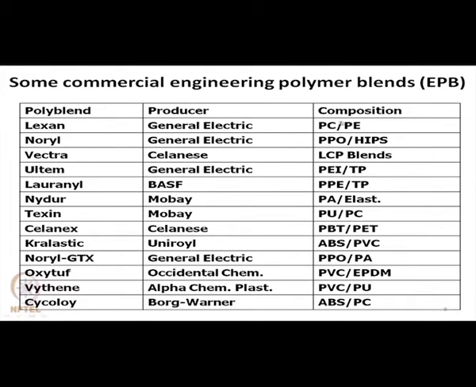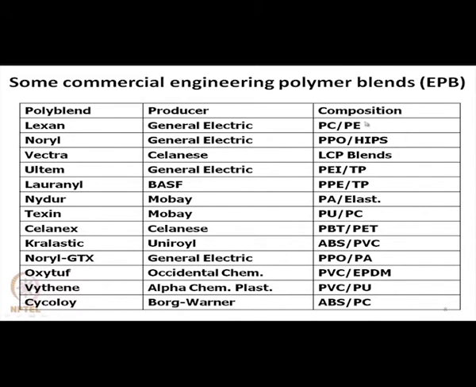Now, the purpose behind the blending of these two polymers is that the polarity of polycarbonate is altered by the presence of polyethylene, or the non-polar hydrocarbon nature is altered by the presence of polycarbonate.